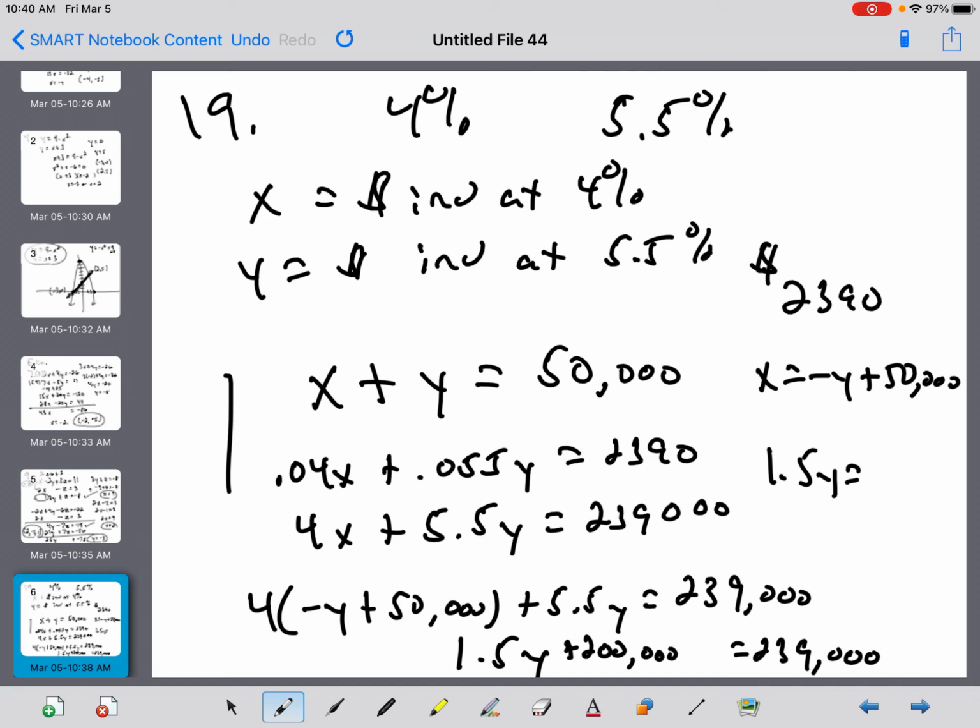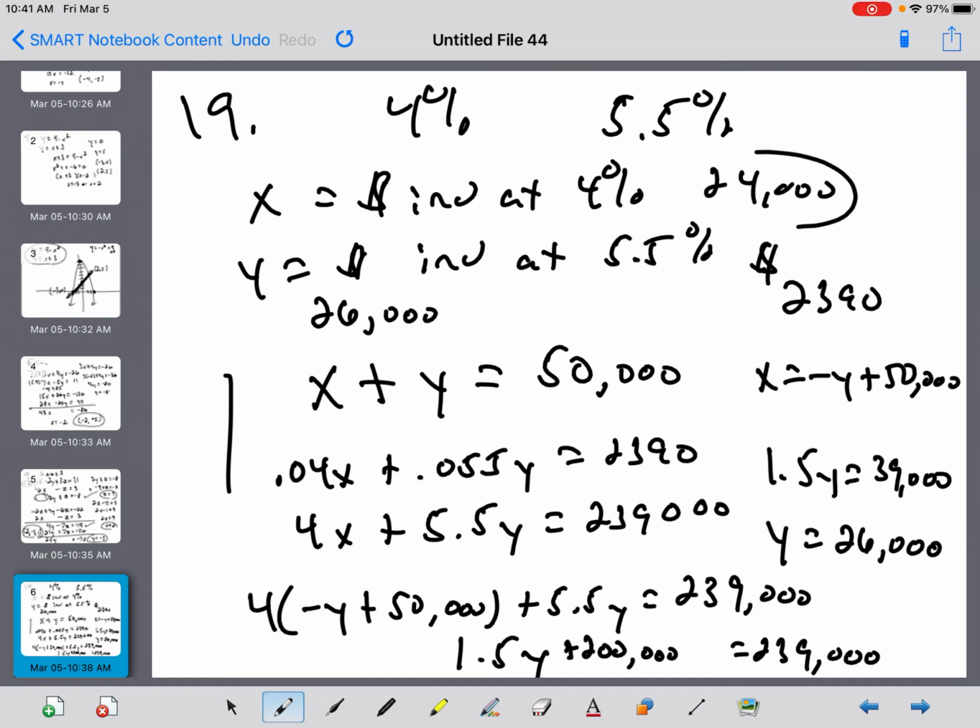So I get 1.5Y equals 39,000. When I divide, I get Y equals 26,000. So the amount invested at 5.5% is 26,000, and then that would be 24,000. So those would be my two answers.